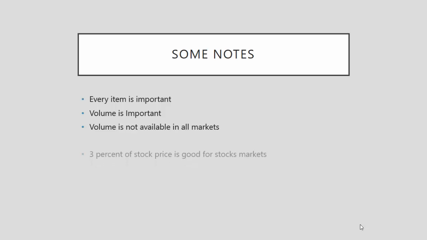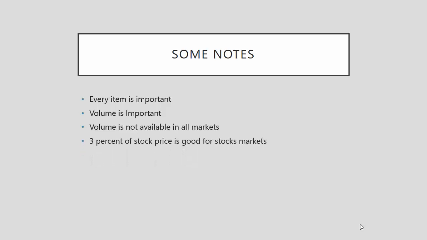Another point is that 3% of the stock price is good for a stock market. It may not help you in all markets. For example, if you want to wait for 3% in the EUR/USD chart, you may lose all the benefits of the head and shoulders pattern, because 3% in EUR/USD is a large movement.